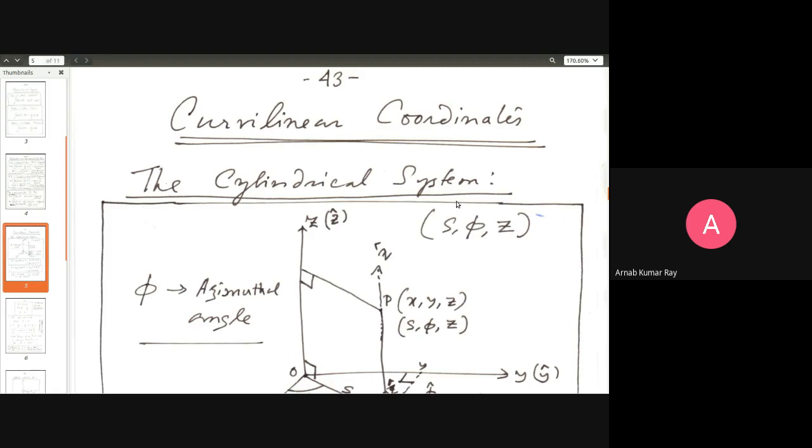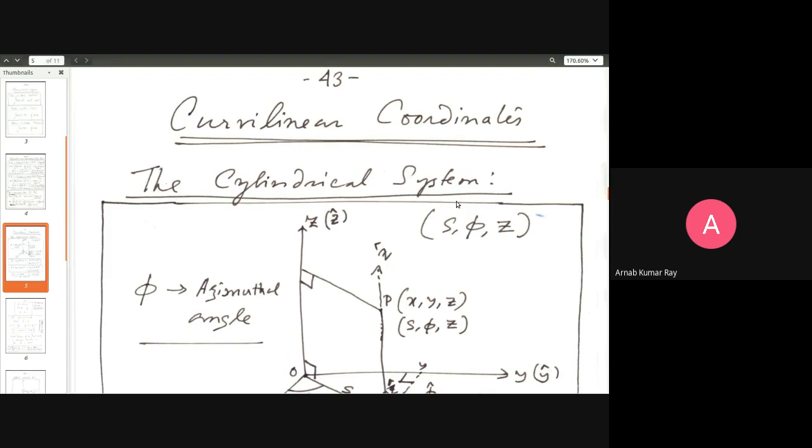Now, why are we doing this? Let me give you a simple example to understand this. If you were to work with the electrostatic field, let's not worry about two charges, let us worry about one charge.